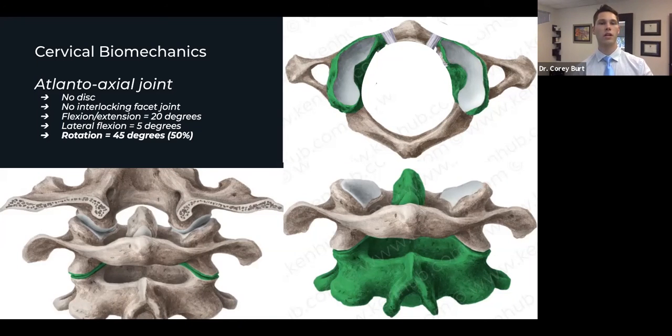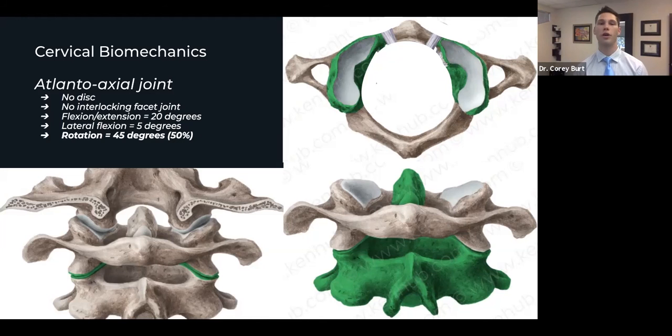This joint is also very different from the rest. There are no interlocking joints. It's held together by muscles and ligaments. There are no spinal discs here. So it's very unstable, but there's a reason you can do that with your head.